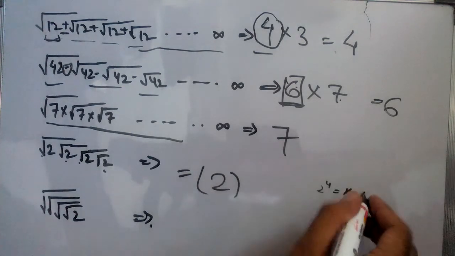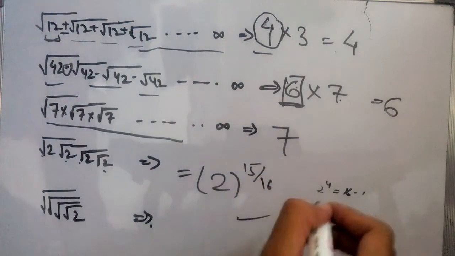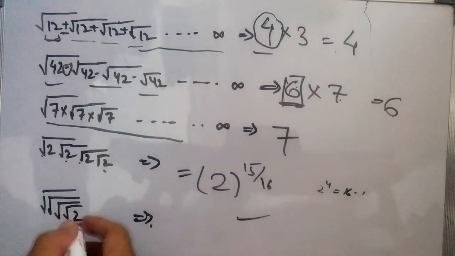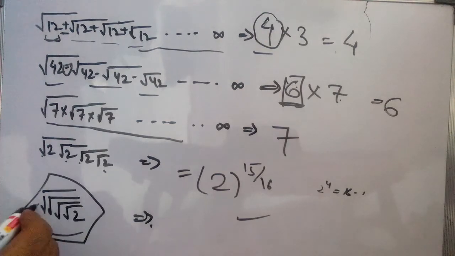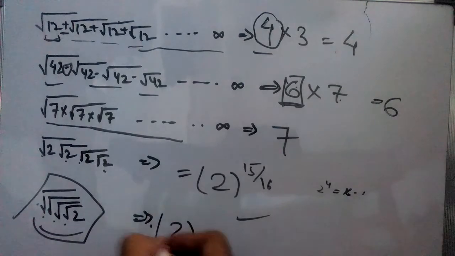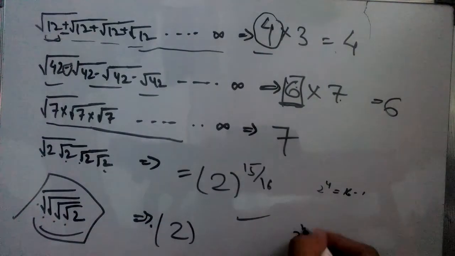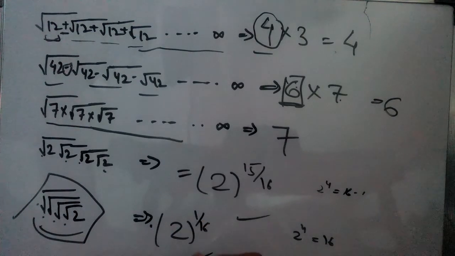So 16 minus 1, 15 by 16, would be the answer to this question. Now in this question again there are 4 roots: 1, 2, 3, 4. So 2 to the power 4 equals 16. So 1 upon 16 would be the answer to this.